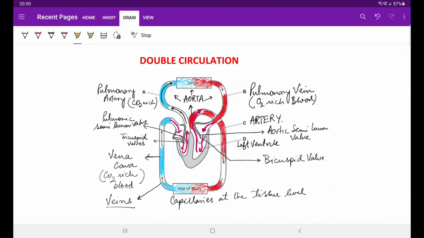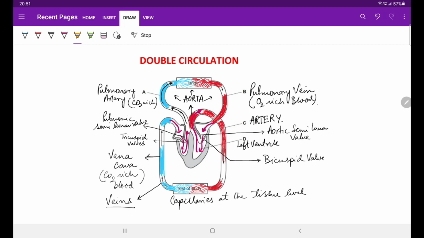The physiological activities are carried out at a much better rate and the energy is produced at a much higher rate as compared to those animals where the heart is just 2 chambered or 3 chambered, which is the case in fishes, amphibians and reptiles.